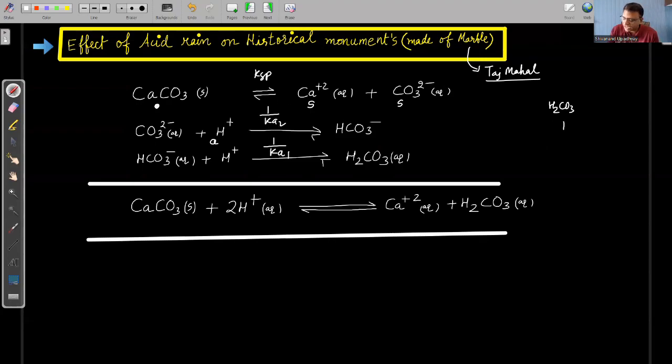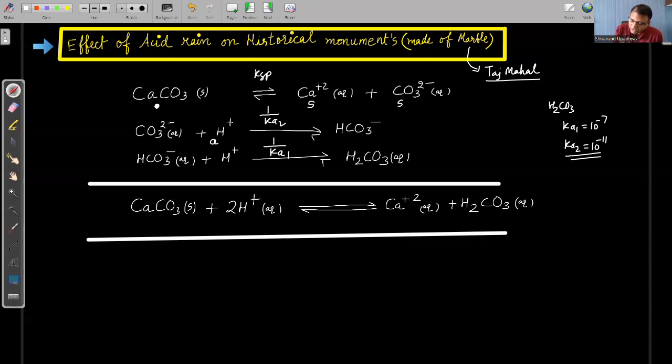The value of Ka1 for carbonic acid is 10 to the power minus 7, and the value of Ka2 is 10 to the power minus 11. So 1 upon Ka2 means 10 to the power 11. When the value of the equilibrium constant is very large, the reaction will complete in the forward direction, and equilibrium will establish from the backward direction. Because of that, all the carbonate ion is converted.